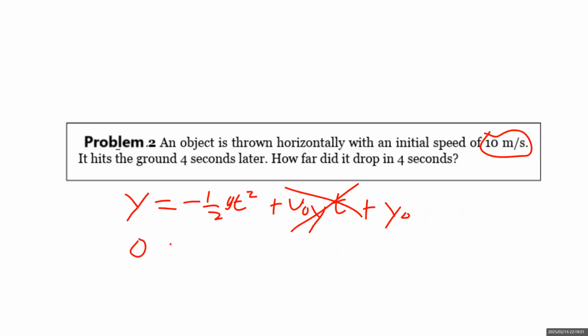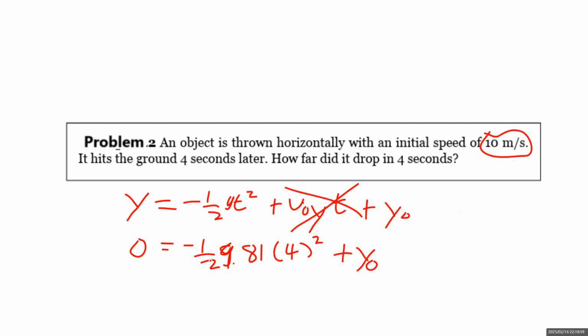So we have 0 equals negative 1/2 g, or I'll just put the numbers in. 9.81, the units are consistent. 4 squared plus y naught.